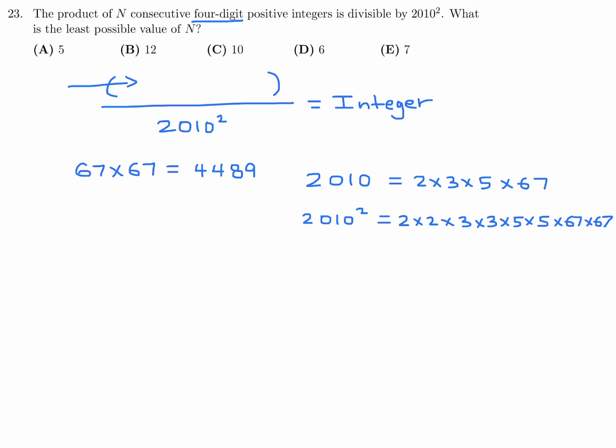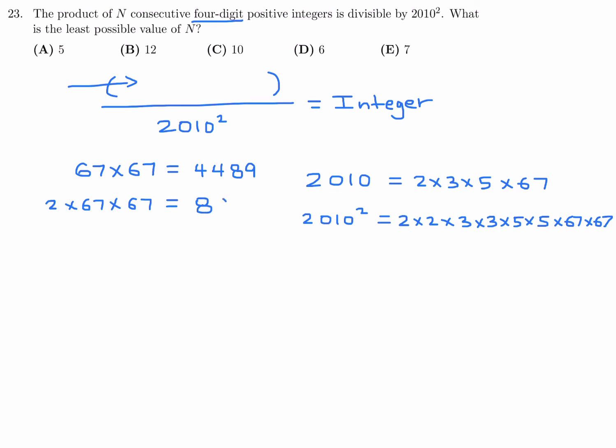Now, I think the challenging part of this question is that you can also create another 4-digit number as a reference point by including a 2. Because if you do 2 times 67 times 67, you will also get another 4-digit number that can be used, and that's 8978.